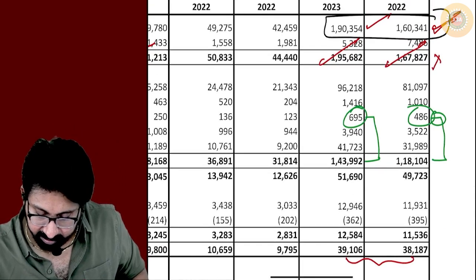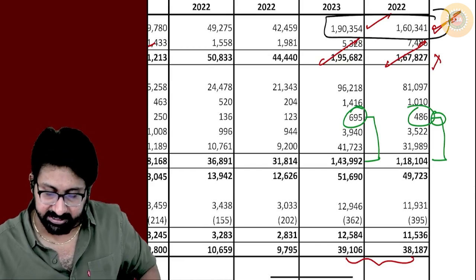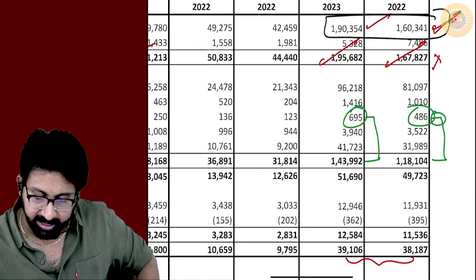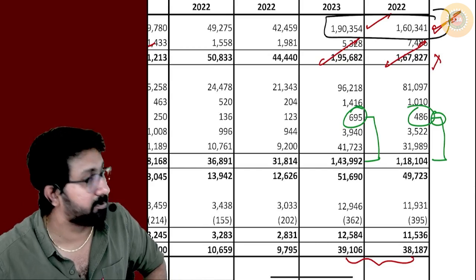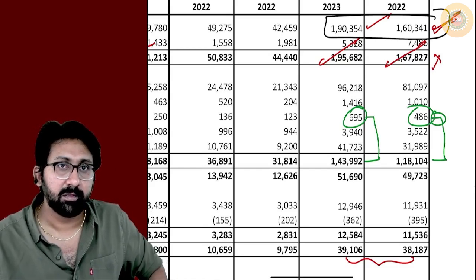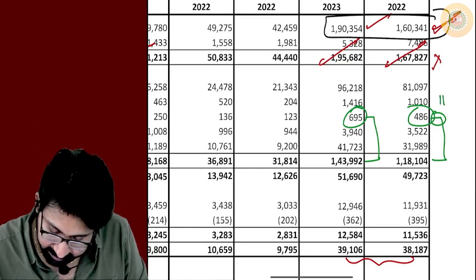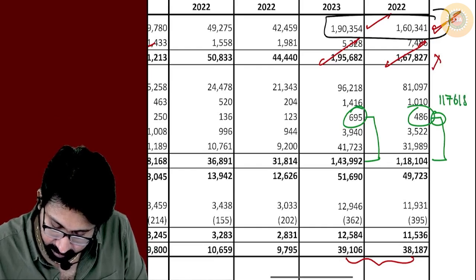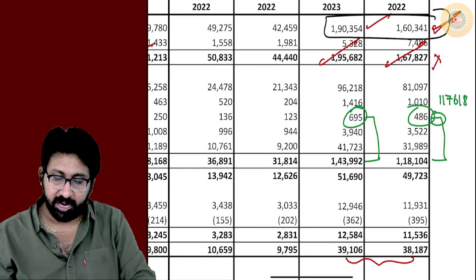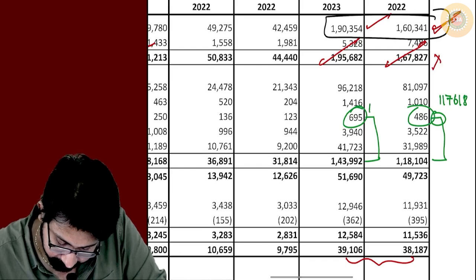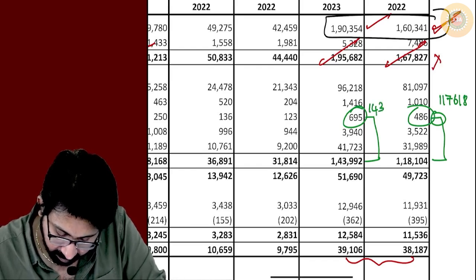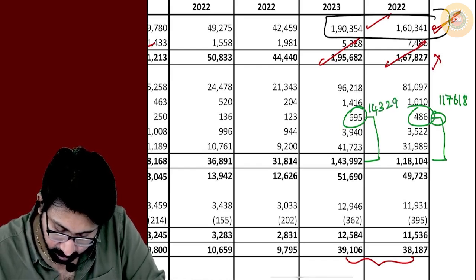143,118,104 minus 486, that is 117,618. Next, 143,992 minus 695, that is 143,297.